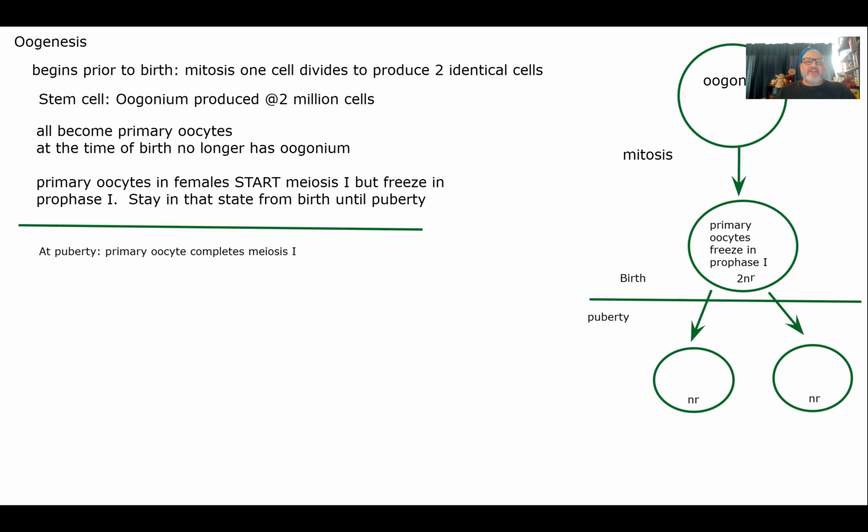However, as Alex has pointed out, with the completion of this, the cells divide unevenly. One cell just gets the genetic material. And that cell that just gets the DNA, as was mentioned, is our first polar body.